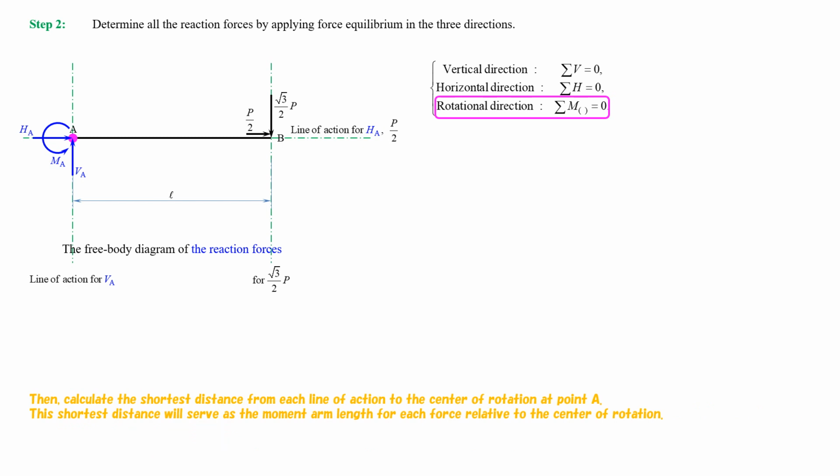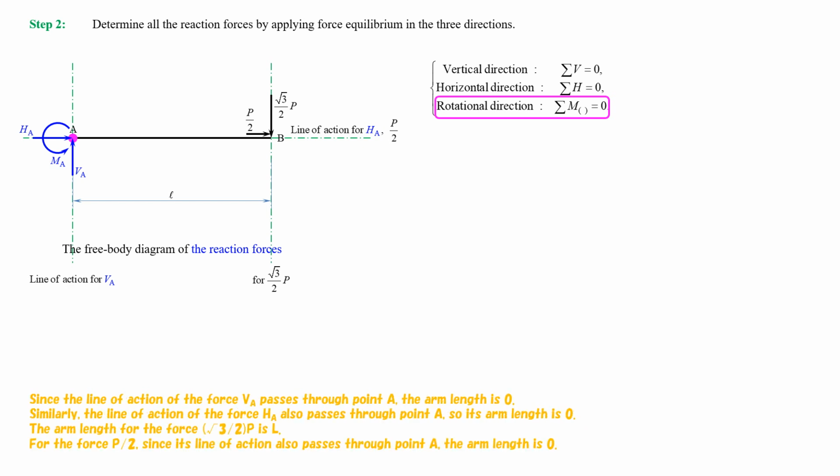Then, calculate the shortest distance from each line of action to the center of rotation at point A. This shortest distance will serve as the moment arm length for each force relative to the center of rotation. Since the line of action of the force VA passes through point A, the arm length is 0.